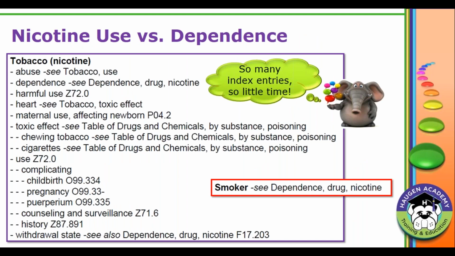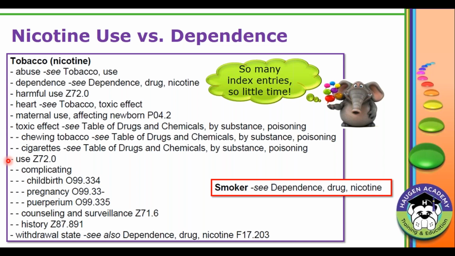There's so much weird interwoven information, but nicotine use versus dependence is probably the one that drives us all crazy as we're learning ICD-10. If I look up tobacco and then abuse, it says see tobacco use.